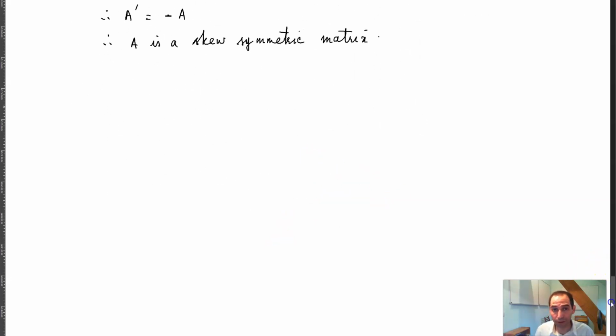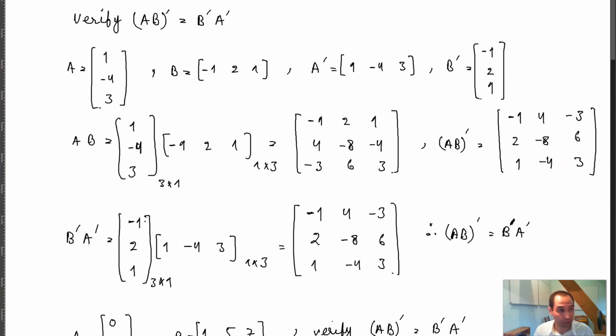Now question number 8, for which we don't have much space left. Question number 8 is for the matrix A, which is 1, 5, 6, 7, and you want to verify that A plus A prime is a symmetric matrix.